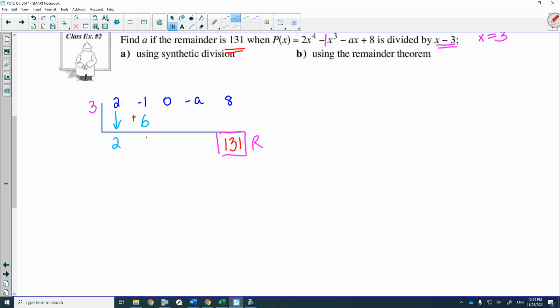After your addition, you're going to get a 5. 5 times 3 is 15. After your addition, you have 15. 15 times 3 is 45. And then after your addition, you're going to have negative a plus 45.